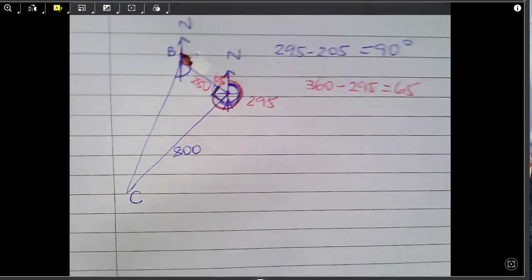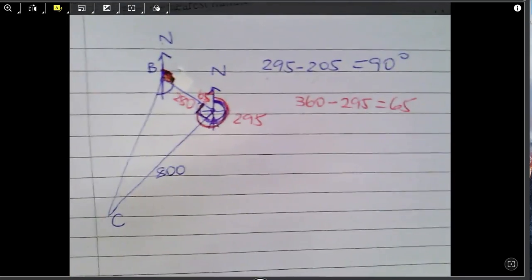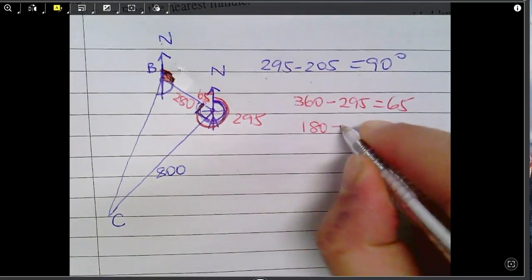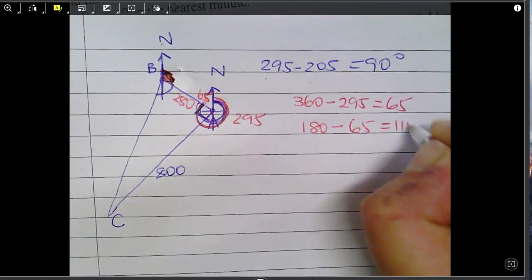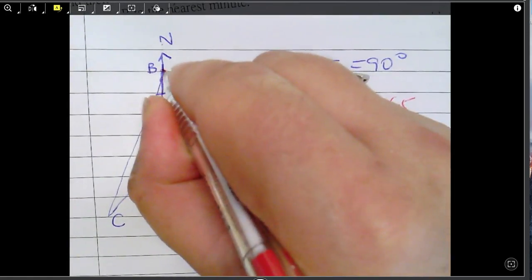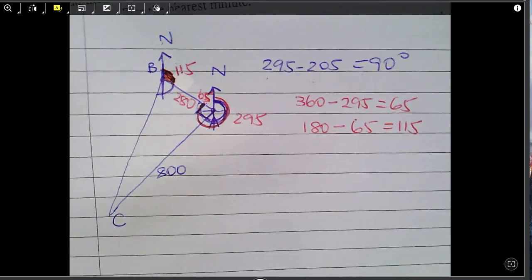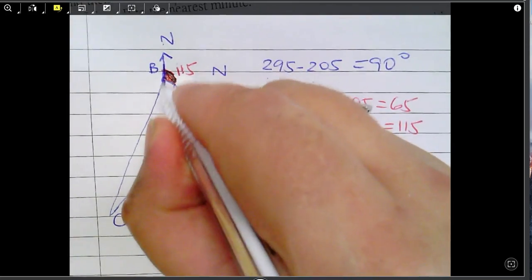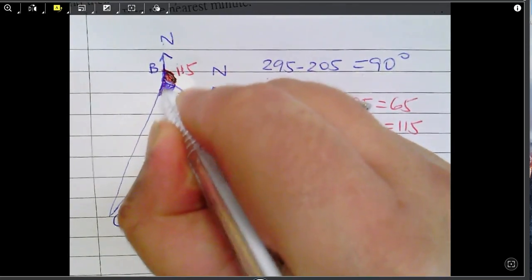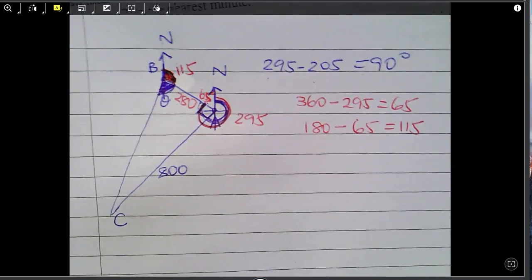This bearing is made up of 2 parts. This pink part here would be co-interior with this angle down here, which is 65. So to do that, we do 180 minus 65 is 115 degrees. So this angle up here is 115. That's one part of my bearing. But now I need this other angle in here that I've shaded blue, and I'm going to call it theta.